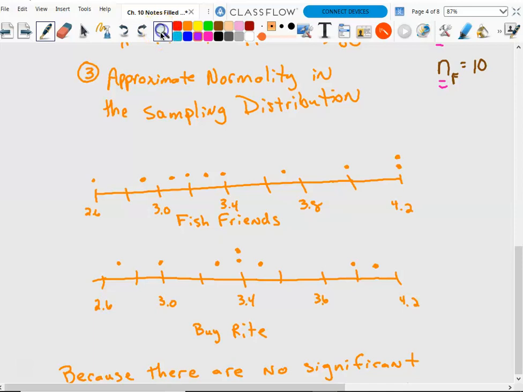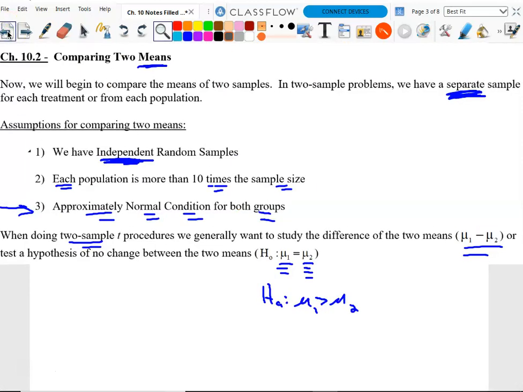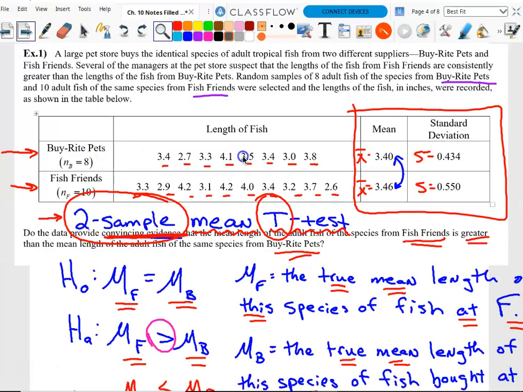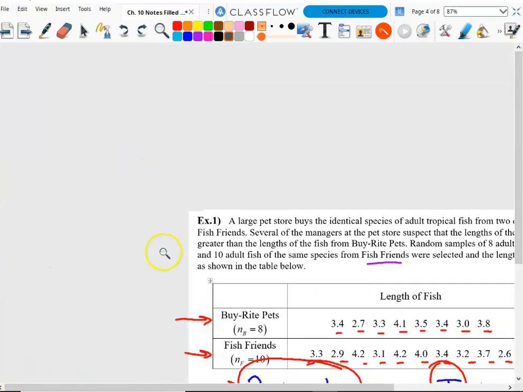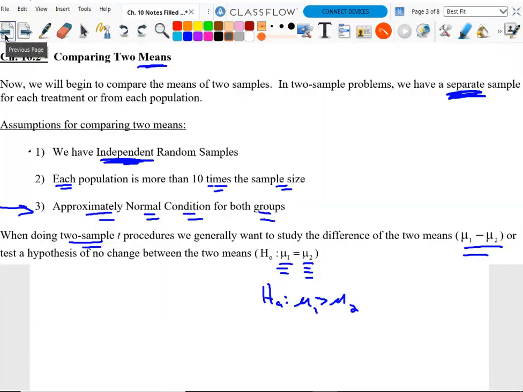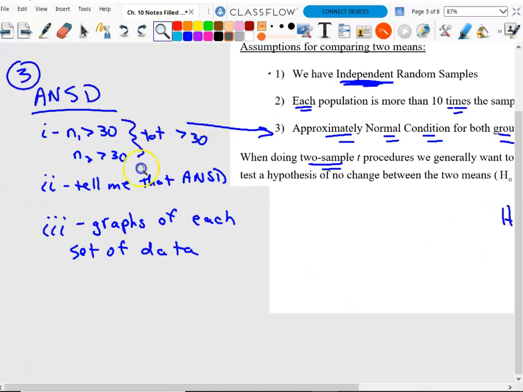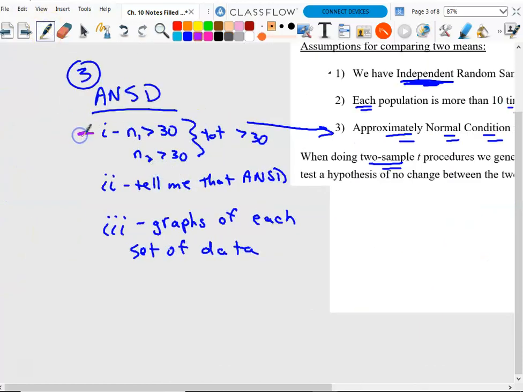In order for us to talk about approximate normality, I talked about it earlier, maybe I talked about it earlier. Oh yeah. We need one of these three things to be true.